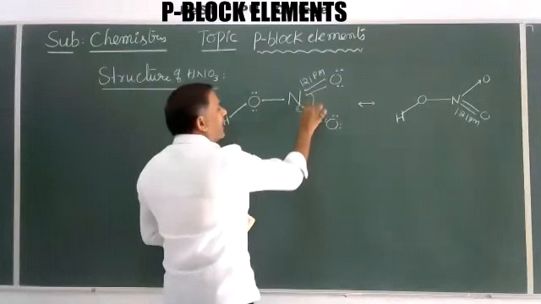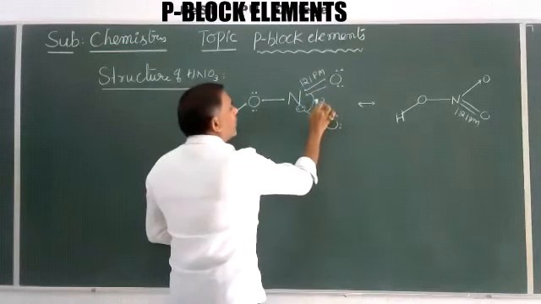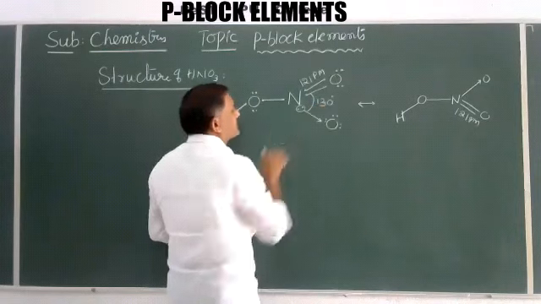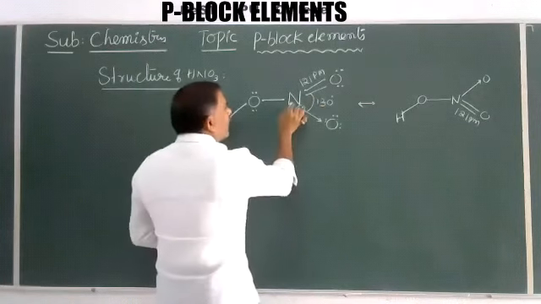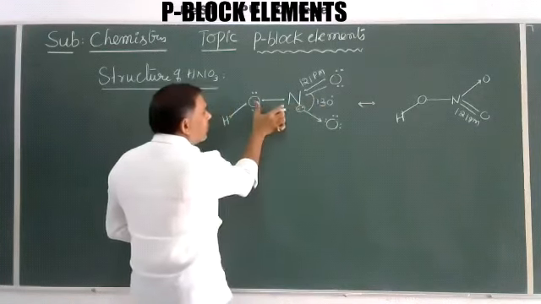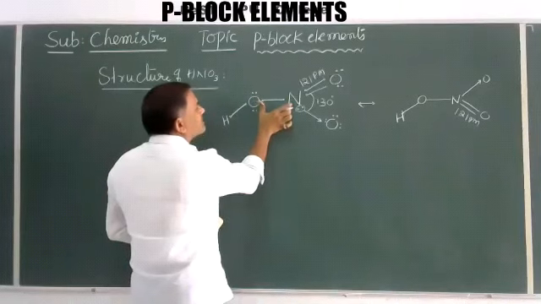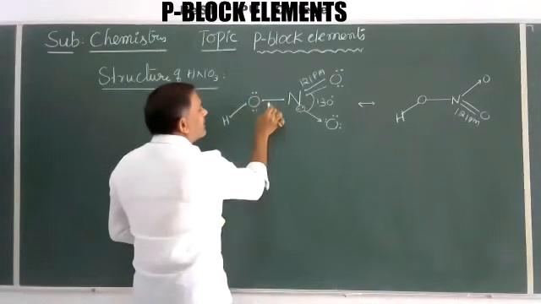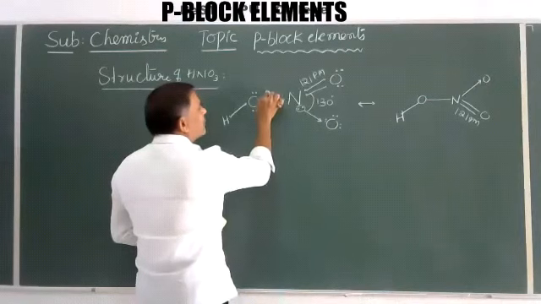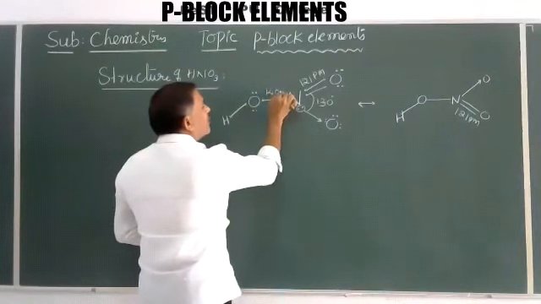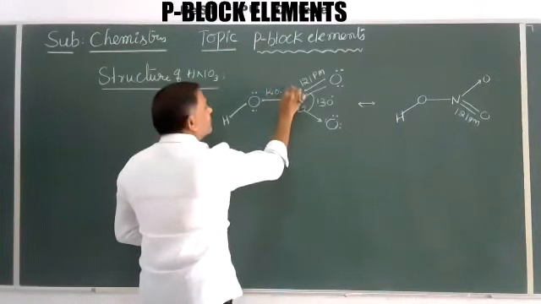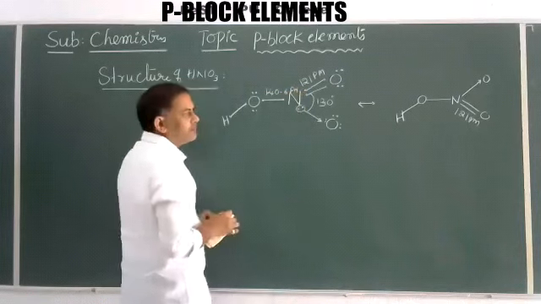Now here the bond angle is 130 degrees. Now for nitrogen and oxygen, the bond length somewhat increases because sizes are greater. Its bond length is 140.6 picometers.